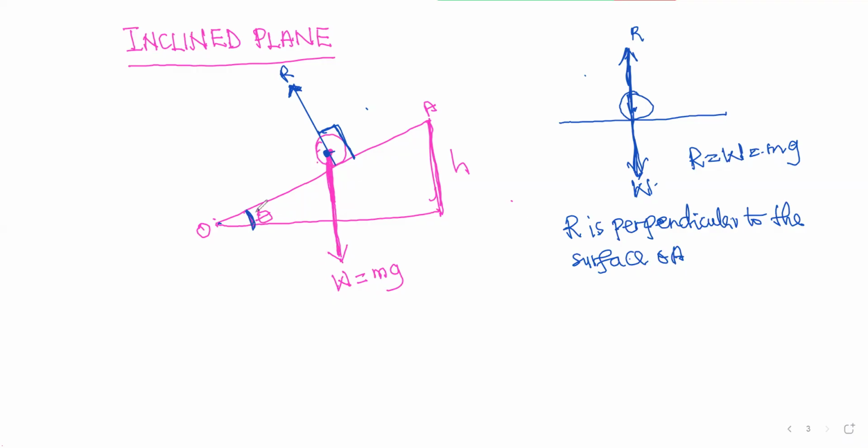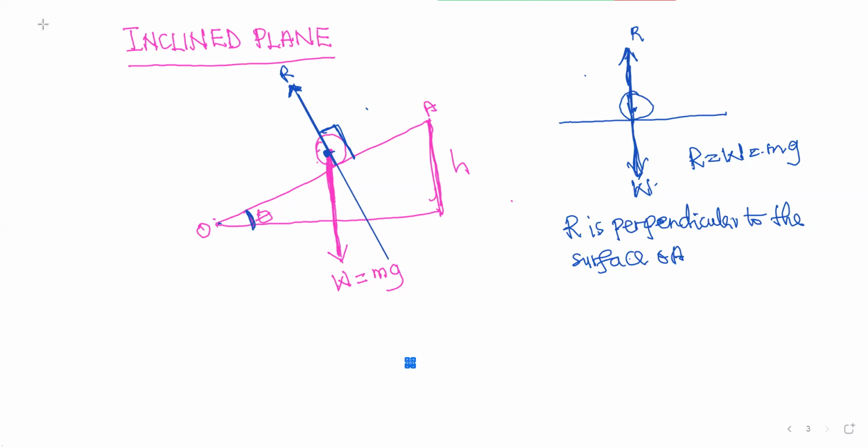So if this is the case, let us extend the reactional force downwards. When you extend this reactional force vector, this line is still equal to that. It's the same as the reactional force.